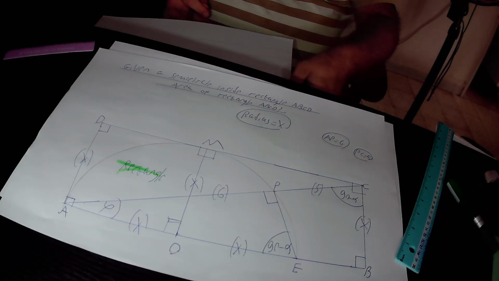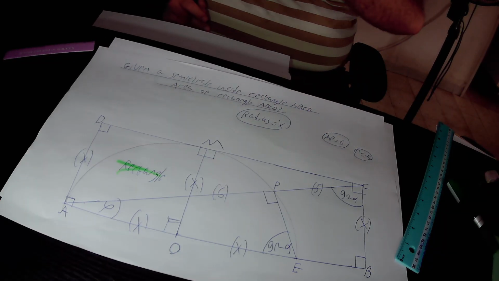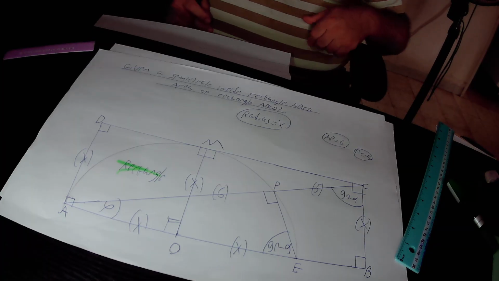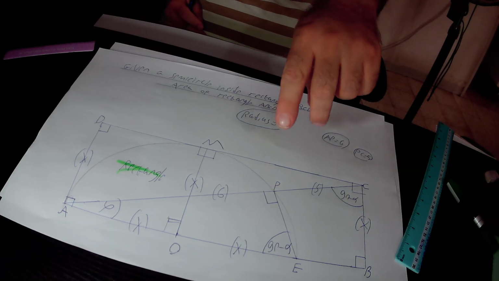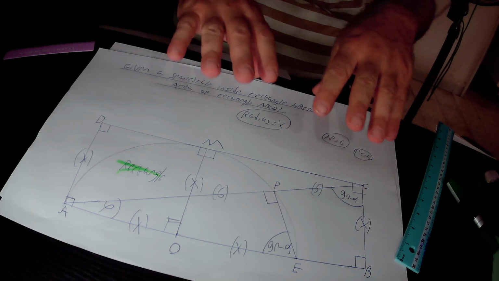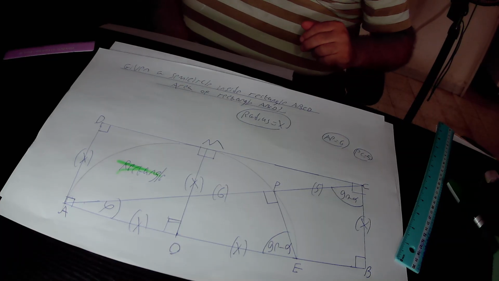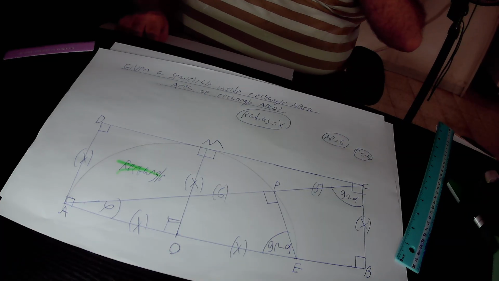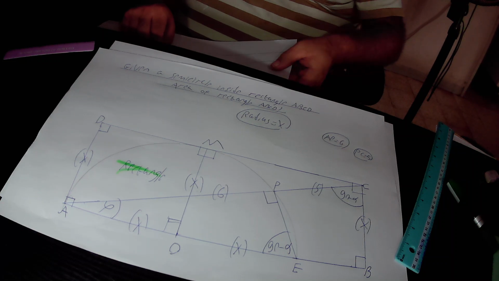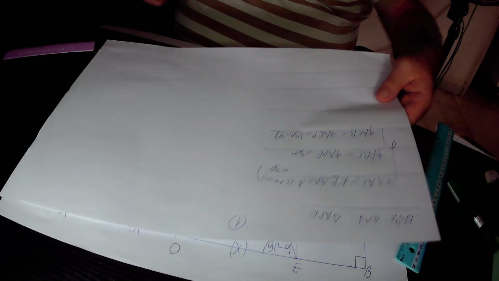So we found out that all the angles of the big right triangle ABC are correspondingly equal to all the angles of this right triangle APE, therefore those two right triangles are similar to each other according to the angle similarity rule. So I write it down.